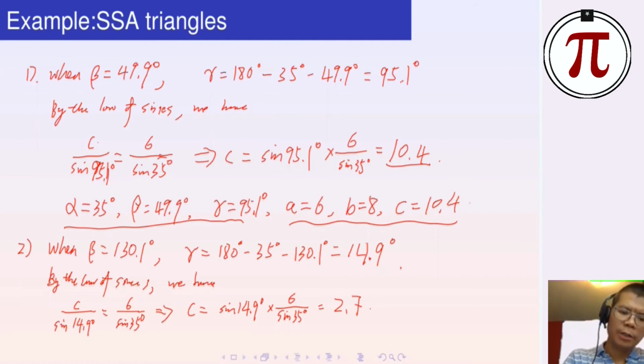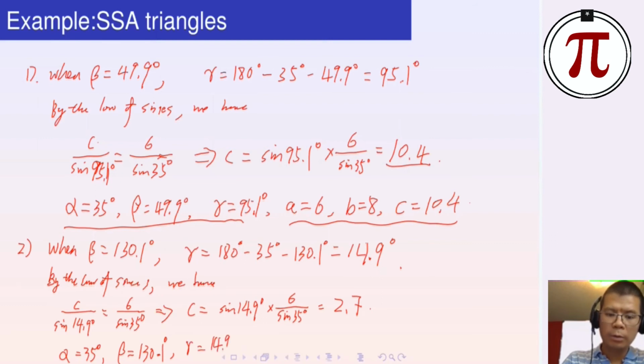Alpha is 35 degrees, beta is 130.1 degrees, and gamma is 14.9 degrees. A is 6, B is 8, C is 2.7.